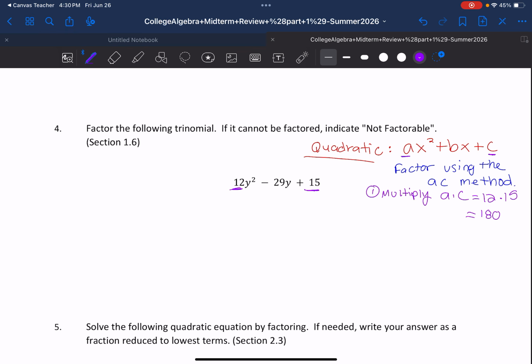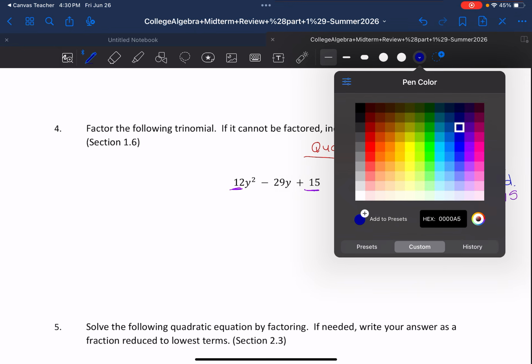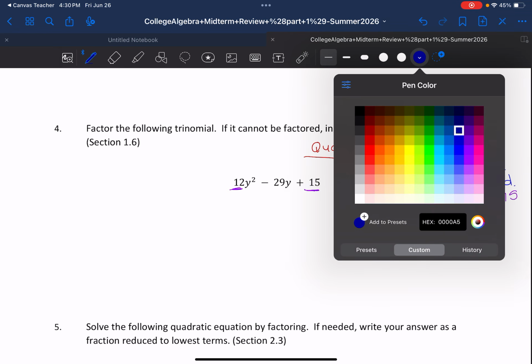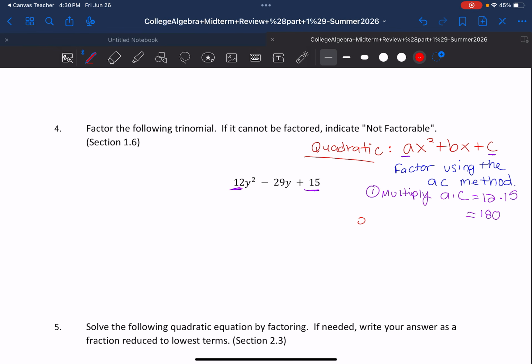So that's step 1. Step 2 is to find two numbers that multiply to give you that A times C, which is 180. But they also need to add to give you the B, which is negative 29 there.